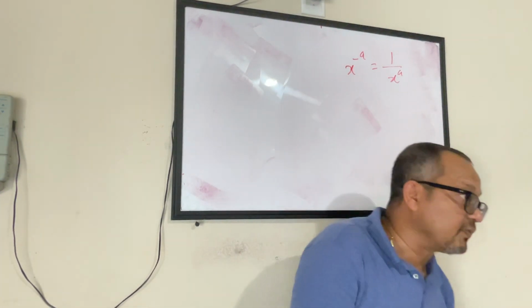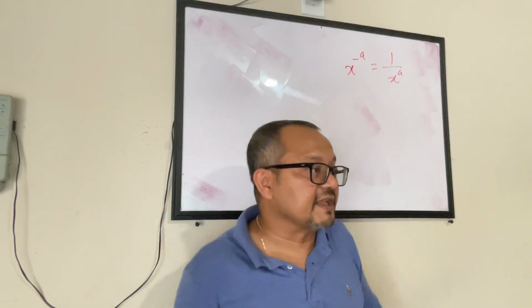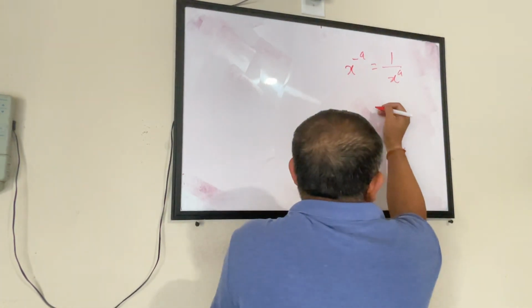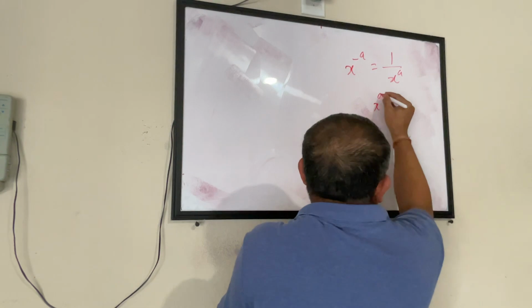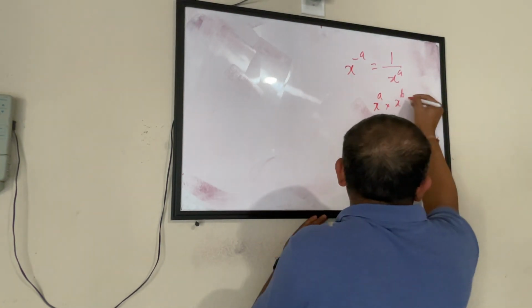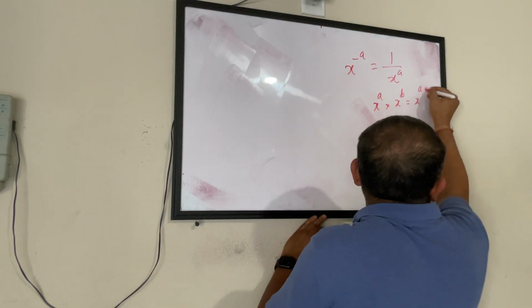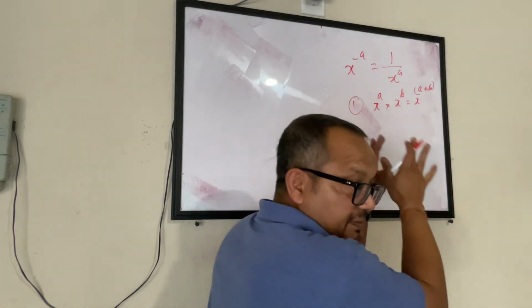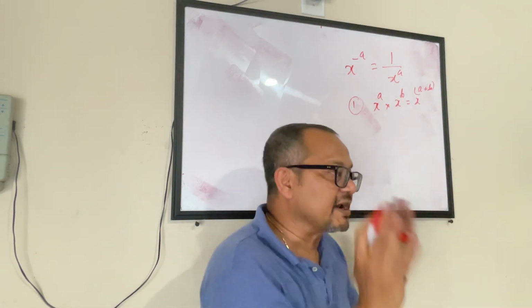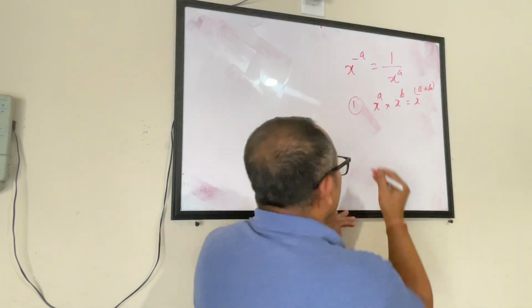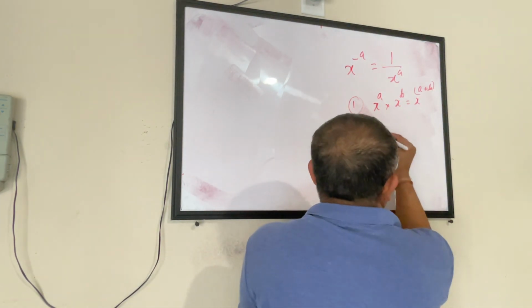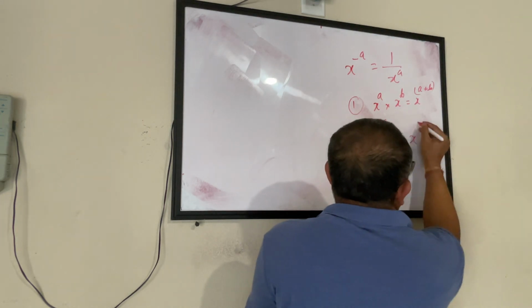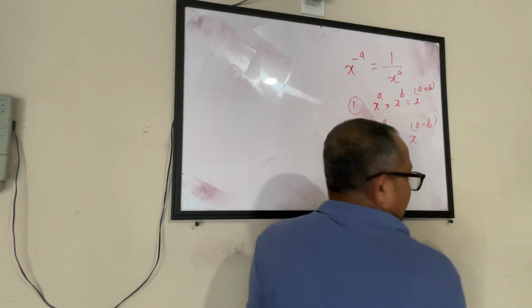So there are a total of 4 formulas, or 4 things that we proved and learned. One is with exponents, when you have this multiplied by this it becomes this; this is the first formula that we saw. We are just trying to summarize it so that we can use it. Second one is, if I have this, it becomes this.